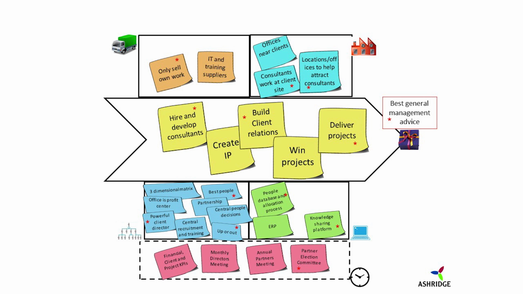It's an important part of that consulting company and would warrant having a post-it note in the organization box. Another thing that is important in the management system box is the partner election process. Selecting which people get elected to be partners is a very critical activity within the consulting company, and so the partner election committee and the process around that committee is a critical part of the success of the consulting company.